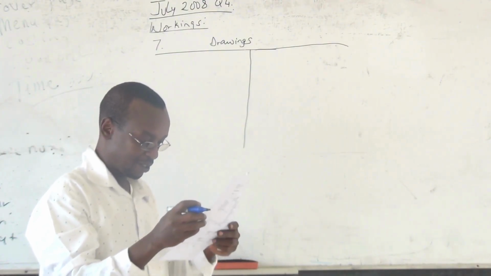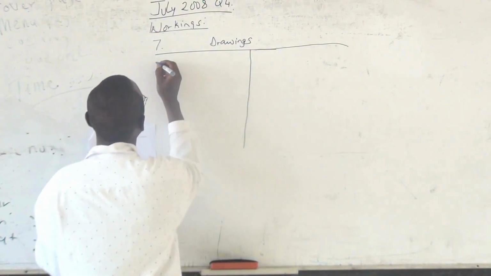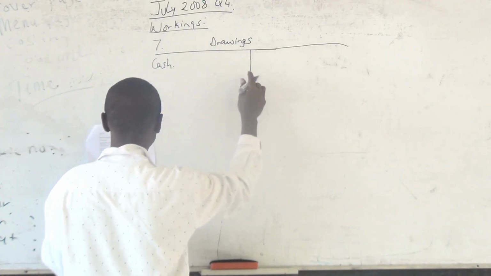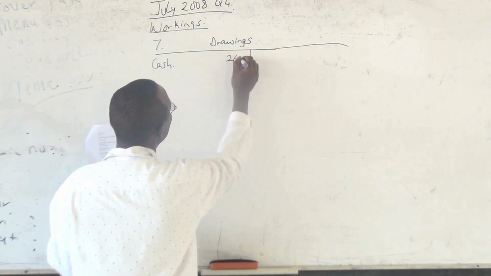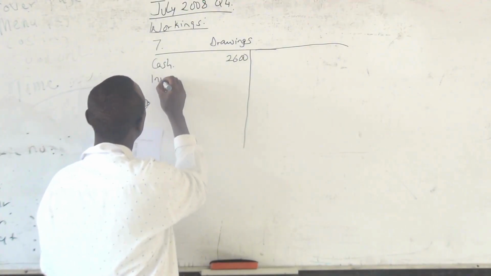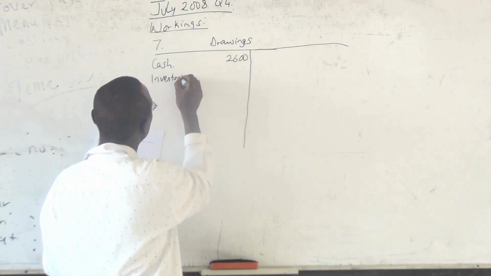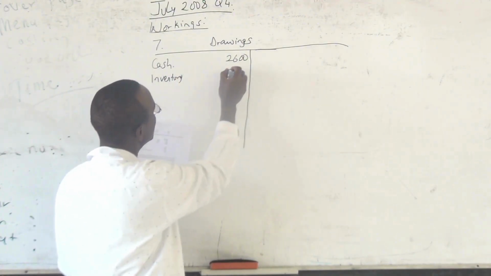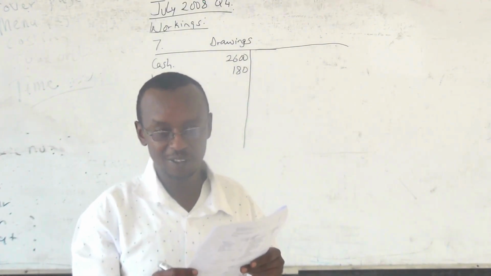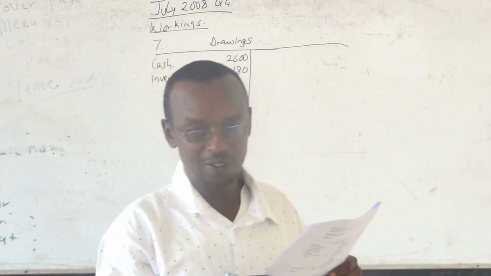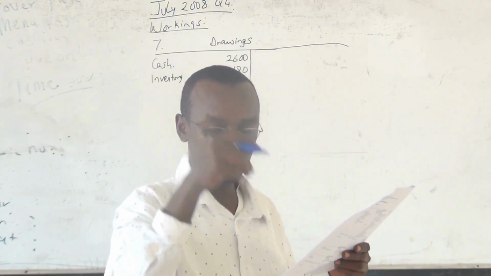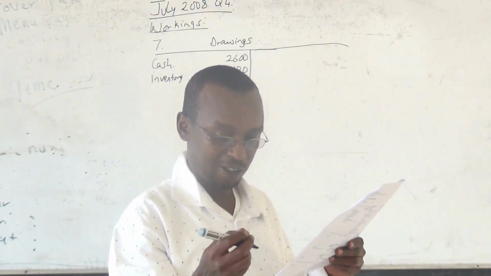Can you see cash drawings? 50 per week times 52 weeks. 2600. We have inventory working three. The ones that were taken for personal use is around 80. Can you see it? A friend's wedding. Yeah. Then the one given to her mother, she sold them. You have treated it as sales.